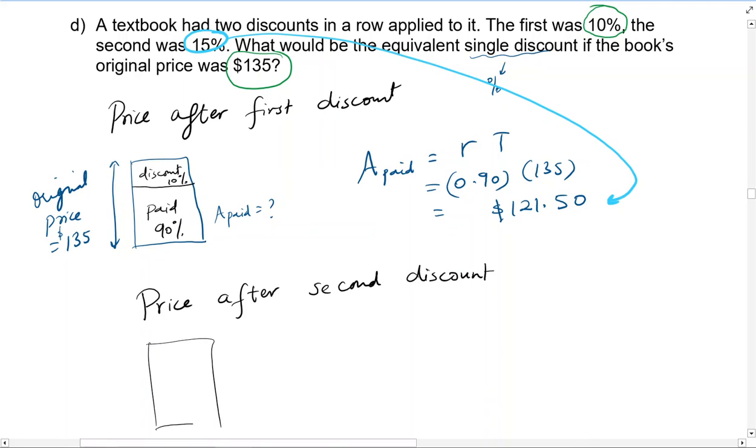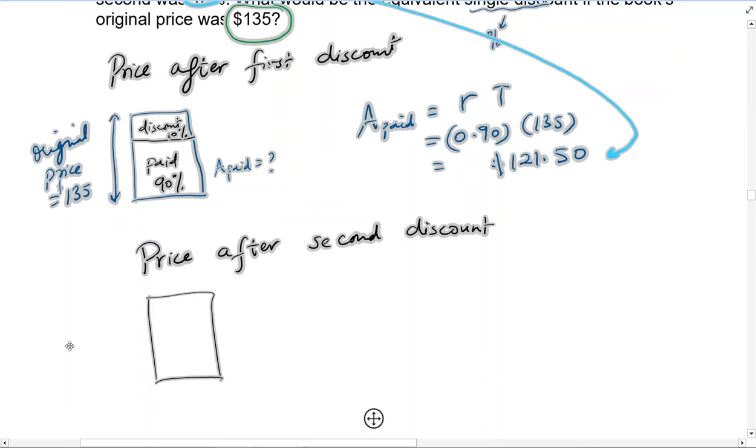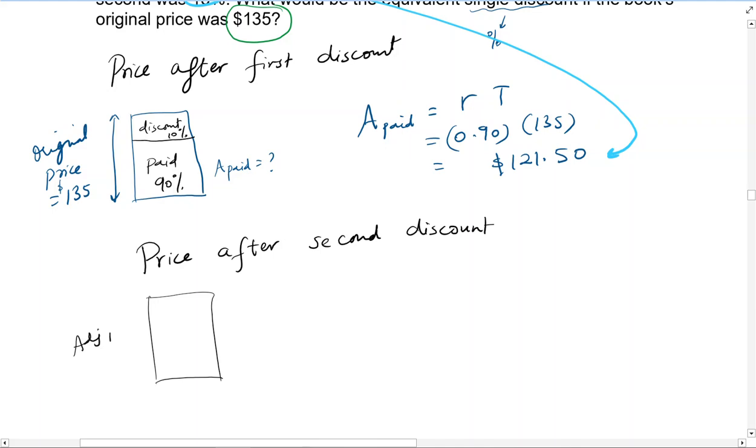Now your new, or adjusted, price is 121.5, and you are getting a discount of 15%. That means you're paying 85% of this cost.